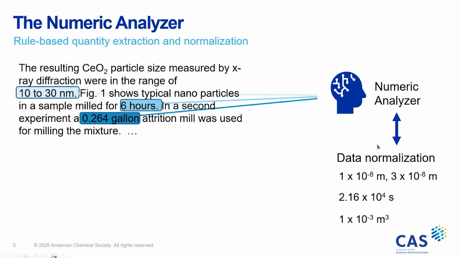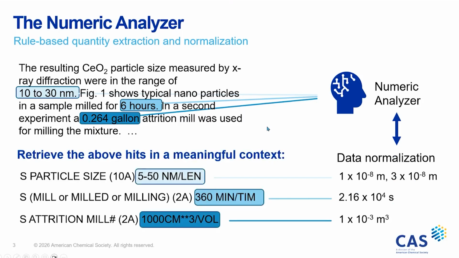In the background, it also does a step of data normalization. Typically, for most of the properties, it will normalize the data to SI base units. So in the back end, this is the normalization step that the system is doing. And that allows a user of the STN system to go ahead and put in the numeric search.